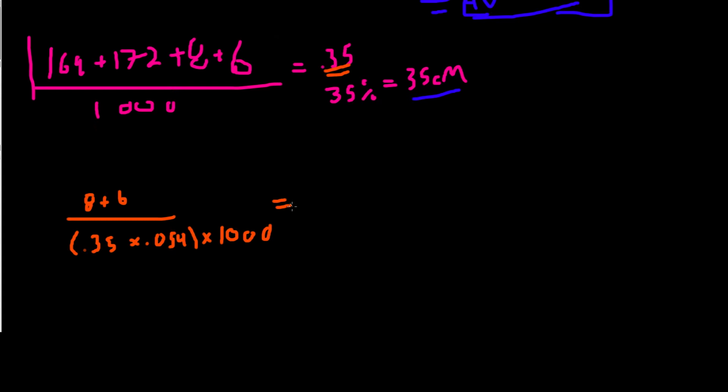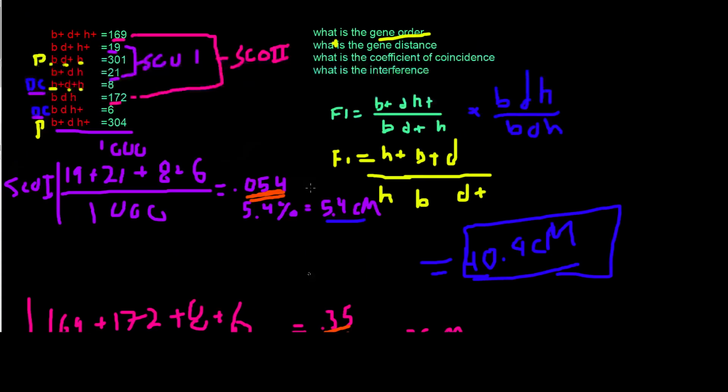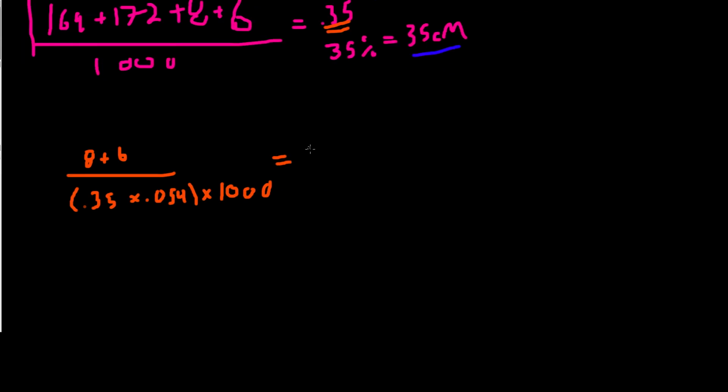In doing this calculation, I know the parentheses in the denominator you don't really need them, but whenever you calculate that out, you get that the coefficient of coincidence is going to be 0.75. Right, so right here, this will be your coefficient of coincidence.